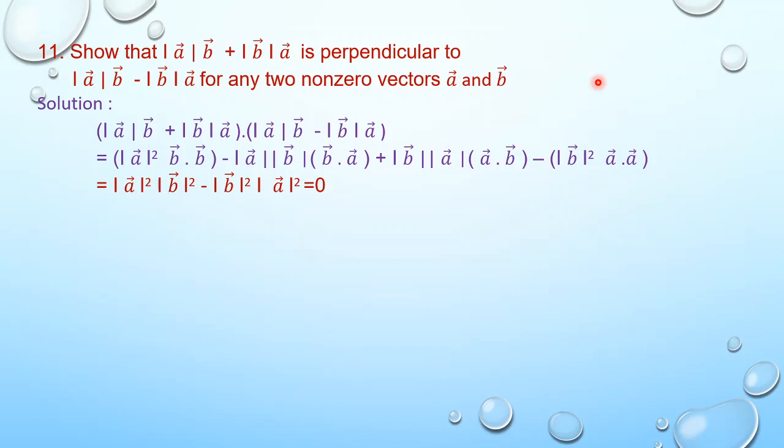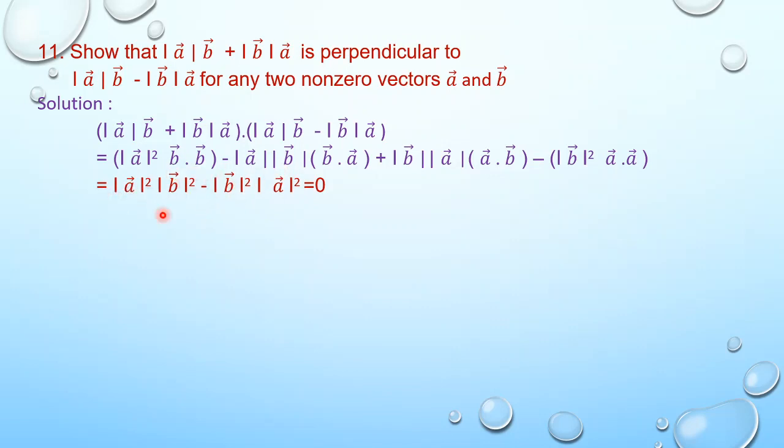So when I do this one, these both will get cancelled. Since it's a minus and plus, these both will get cancelled. So left out here, square of magnitude of A into square of magnitude of B minus square of magnitude of B into square of magnitude of A. Now again, both are like terms.